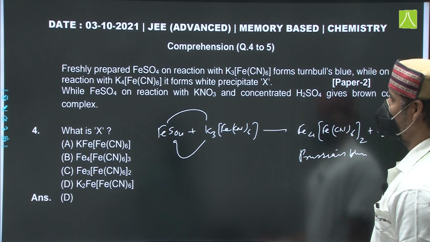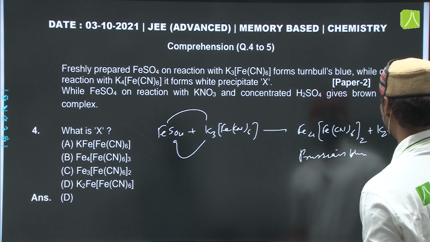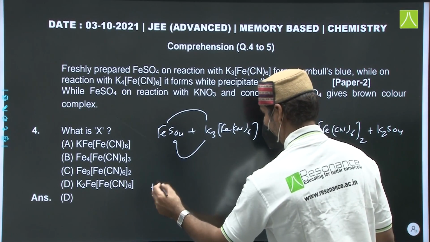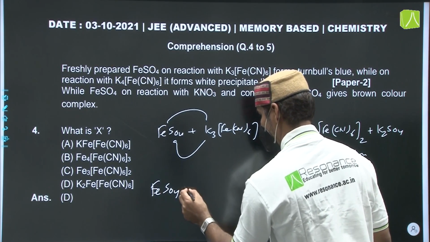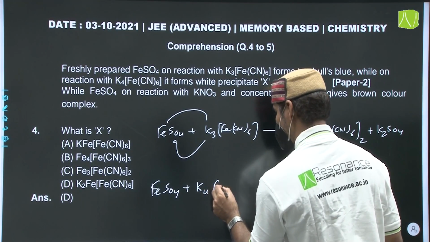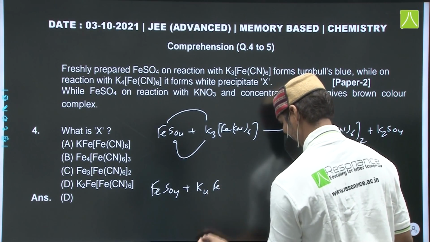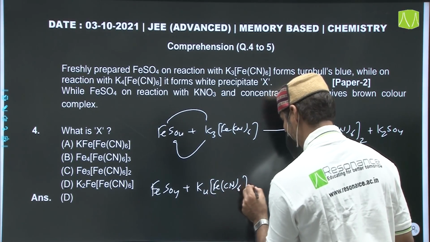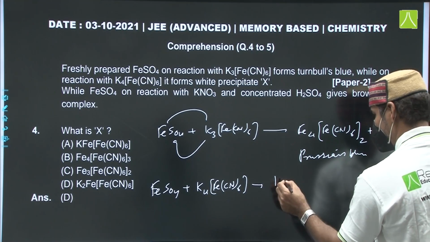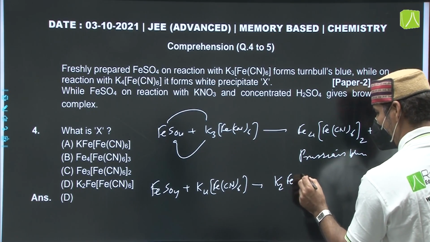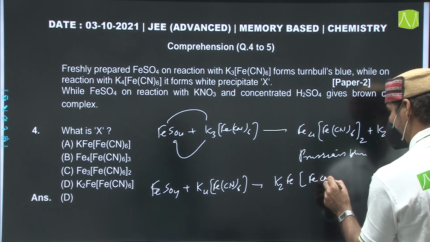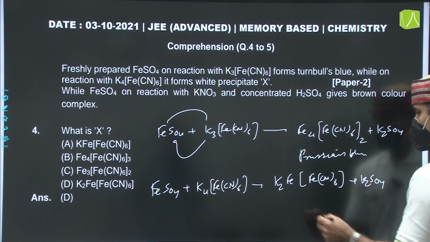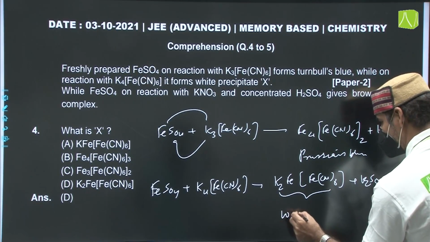Let's come to the next line of the question. While on reaction with K4[Fe(CN)6], it forms white precipitate. When FeSO4 reacts with K4[Fe(CN)6], again it is an ion exchange reaction and K2Fe[Fe(CN)6] is formed with K2SO4, and this is the white precipitate.